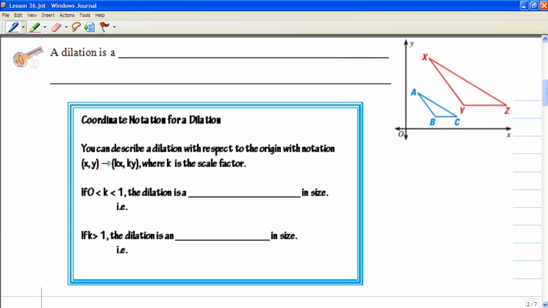Let's define dilation. A dilation is a transformation that stretches or shrinks a figure to create a similar figure.